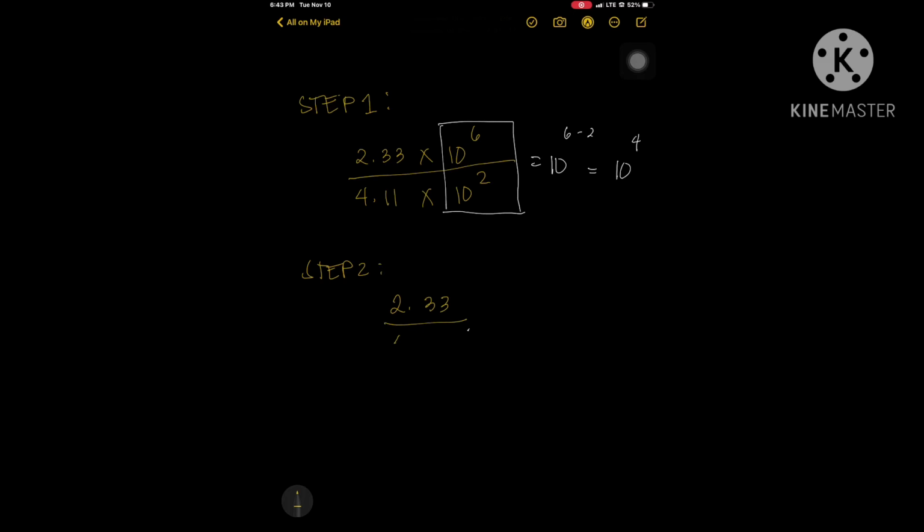And step 2, our step 2 will be divide. Of course, we have to divide the numbers 2.33 and 4.11. So let's write it down.